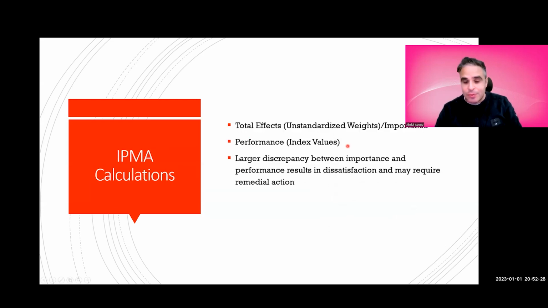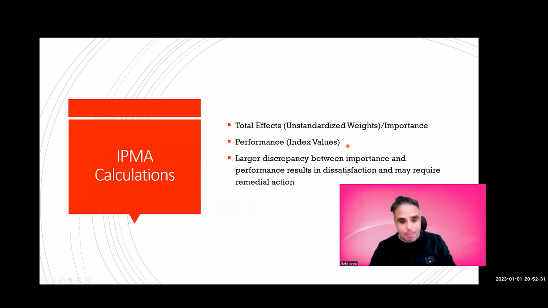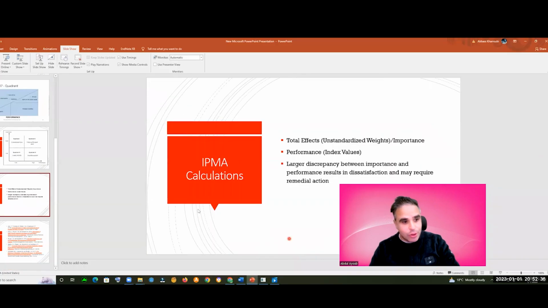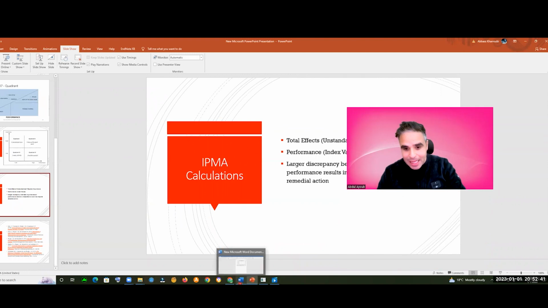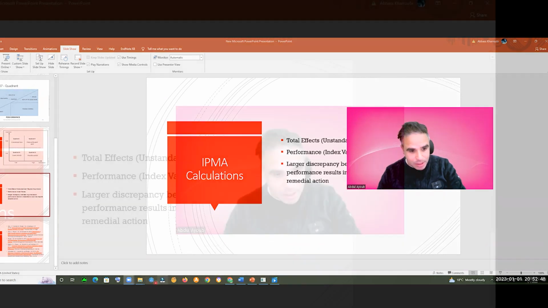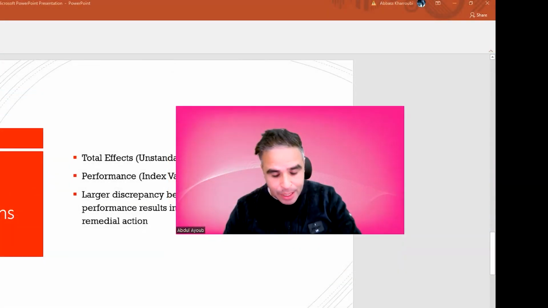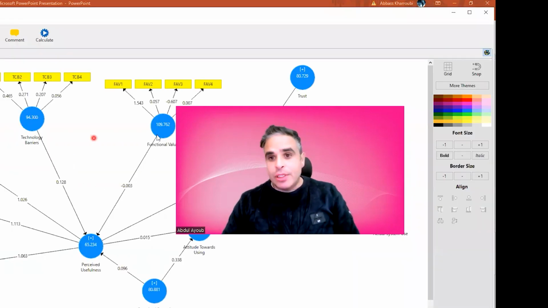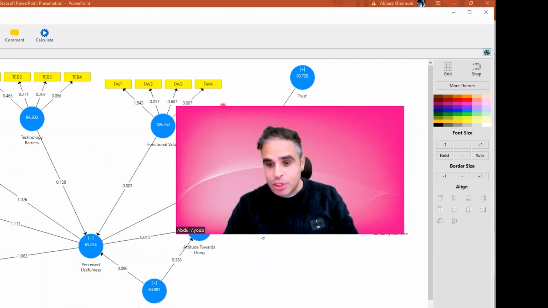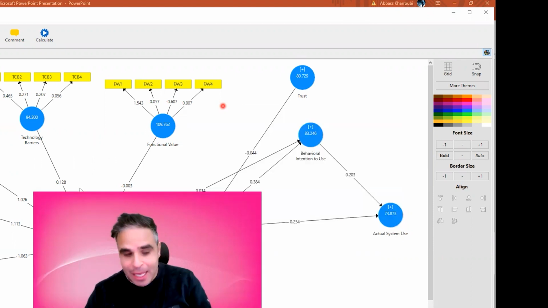Now, for the IPMA calculations, I have to go into SmartPLS. This is SmartPLS here, and this is our model. We're studying the impact of several variables on online banking use.